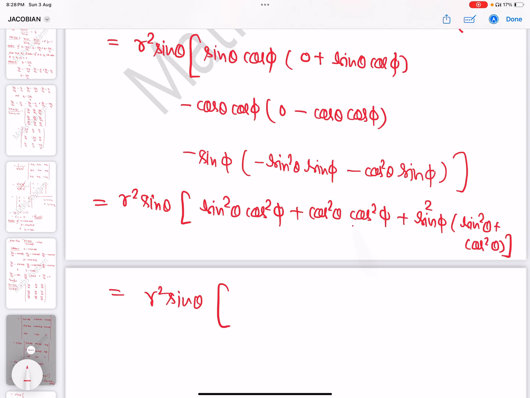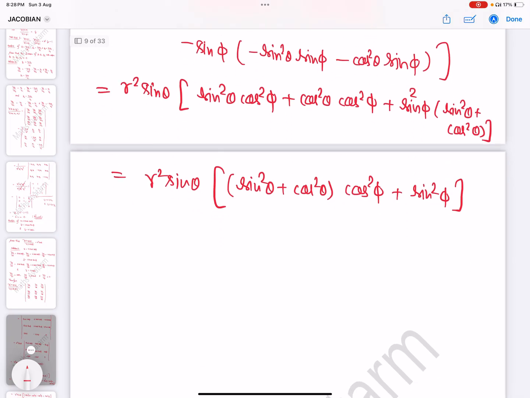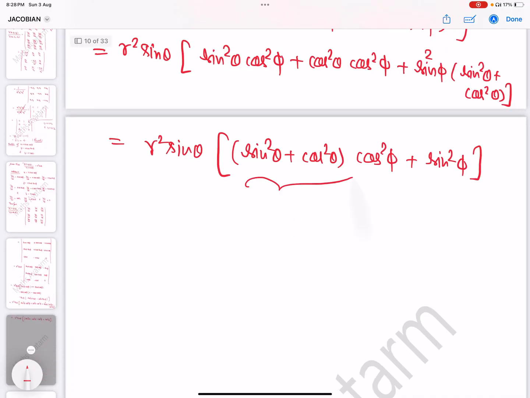From here we can take cos square phi common. Okay, so this is 1 here. So this is sine square phi. Okay. Now you see that this is also 1 because sine square theta plus cos square theta is 1.